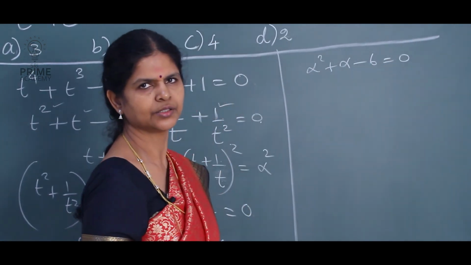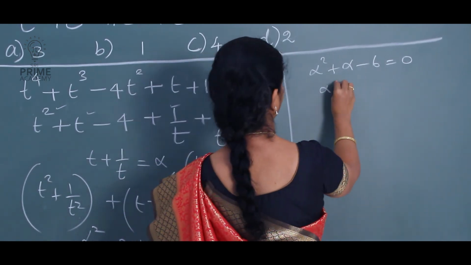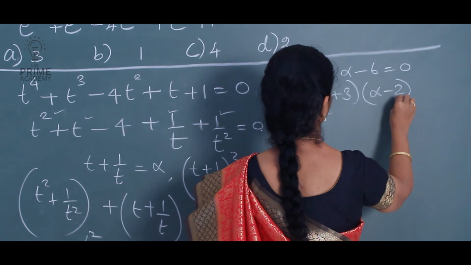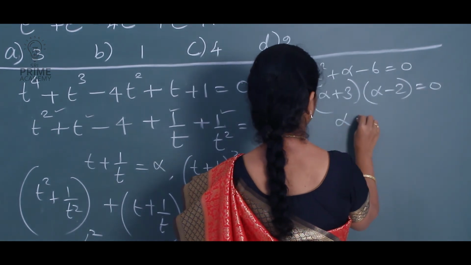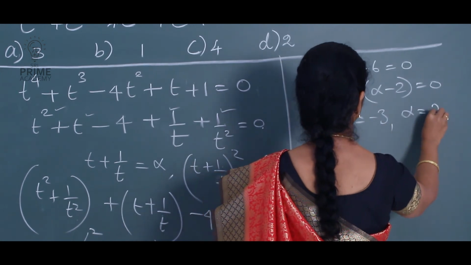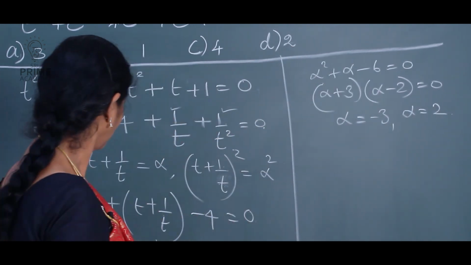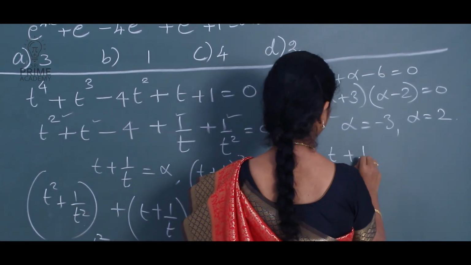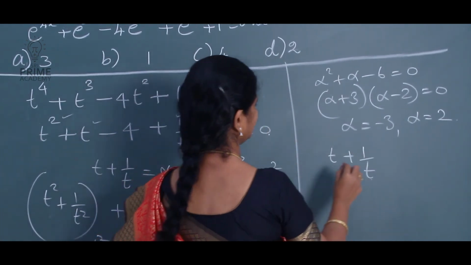Factorize this equation, what do you get? Alpha plus 3 into alpha minus 2 equal to 0. So alpha equal to minus 3. Next alpha equal to 2. Now what about this alpha? Alpha you have taken as t plus 1 by t, and the t value is e power x.